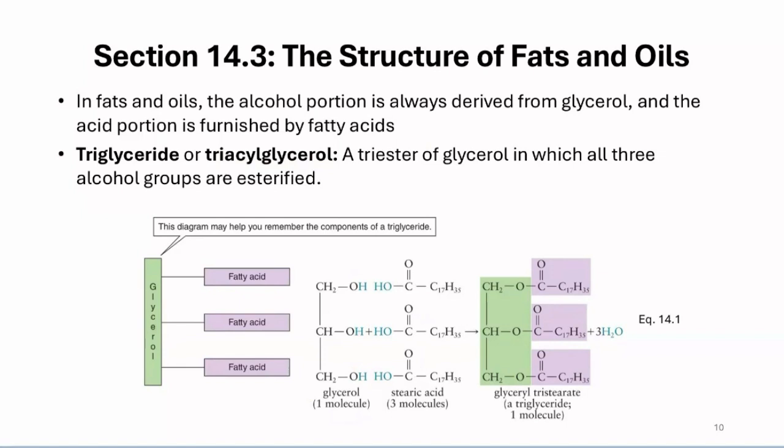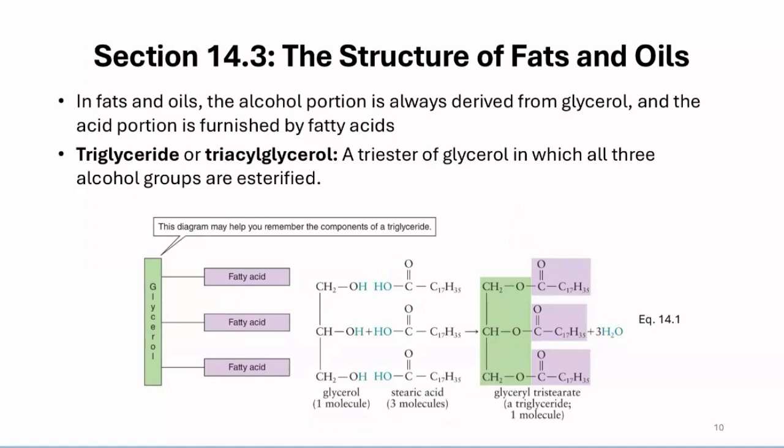Via the reaction of esterification, the alcohol group and the carboxylic acid group within the fatty acid can esterify to make a triacylglycerol. In equation 14.1, we can see the formation of a triacylglycerol from glycerol and three molecules of stearic acid.